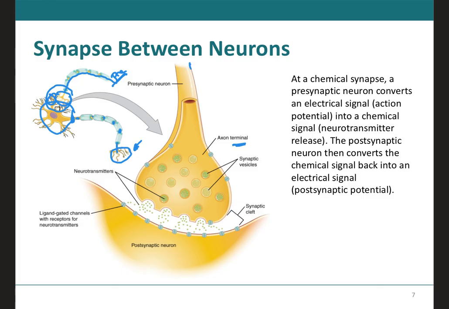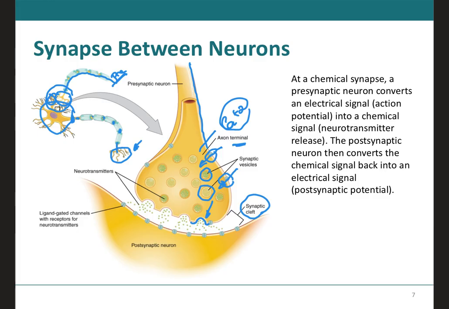So the action potential comes down over here. Once it comes down, you have an influx of calcium. Calcium comes in through these channels that open up. Once there's that influx of calcium, it causes the synaptic vesicles that contain neurotransmitters to migrate down towards the space called the synaptic cleft, and release their contents, the neurotransmitters, through exocytosis.